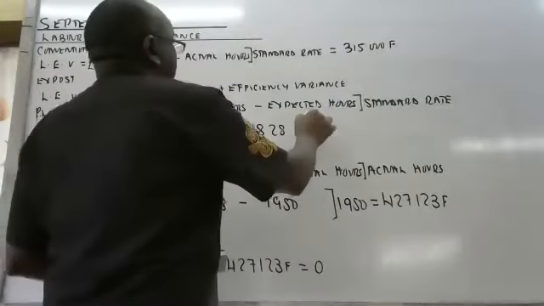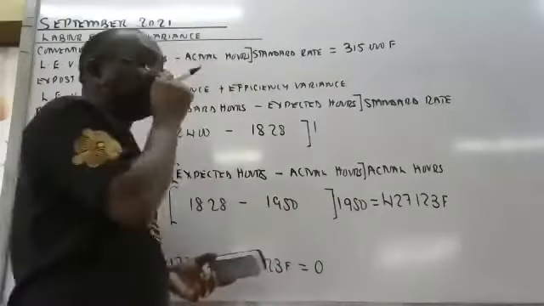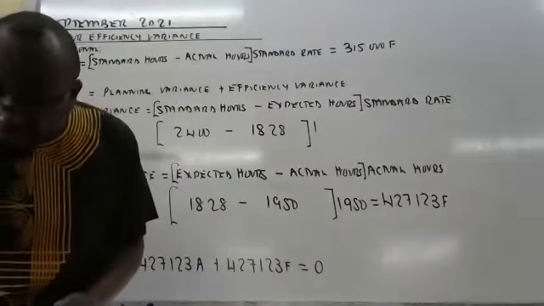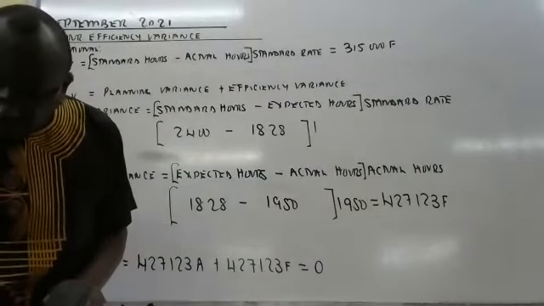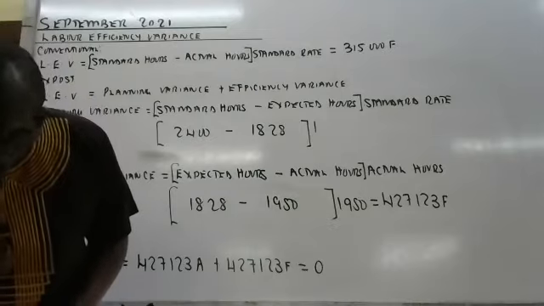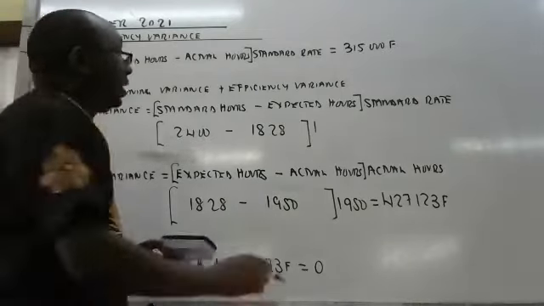So the standard rate is what we had computed earlier on. Not 400, it is 16,800.